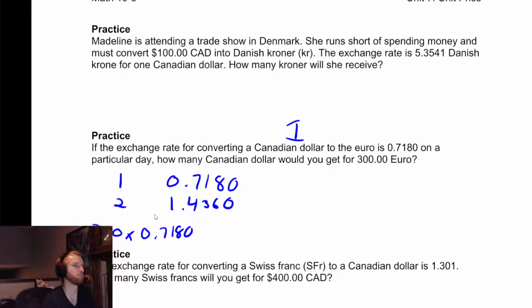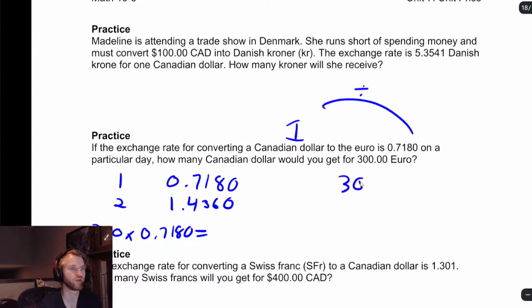If we're now going back the reverse way, if we want to undo something like this, before we were multiplying, now we're going the reverse way, so we're going to divide instead. To get from euros back to Canadian dollars, we divide to go backwards.